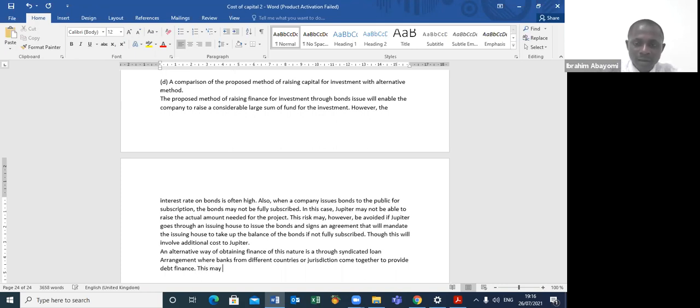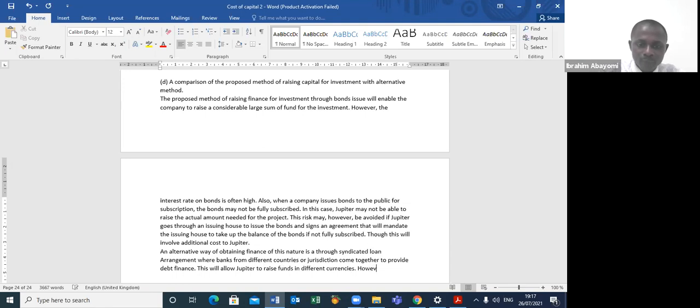This will allow Jupiter to raise funds in different currencies.